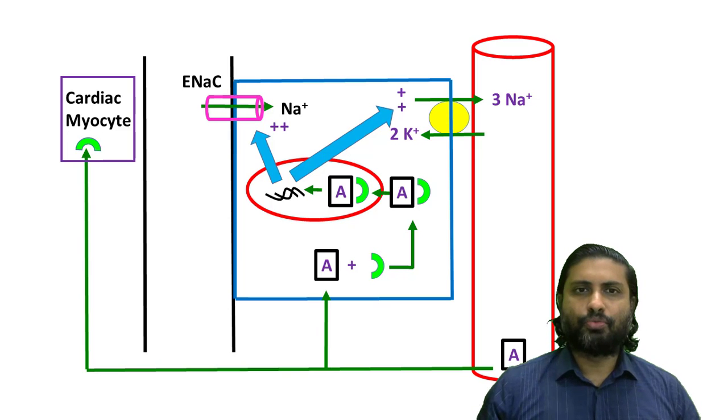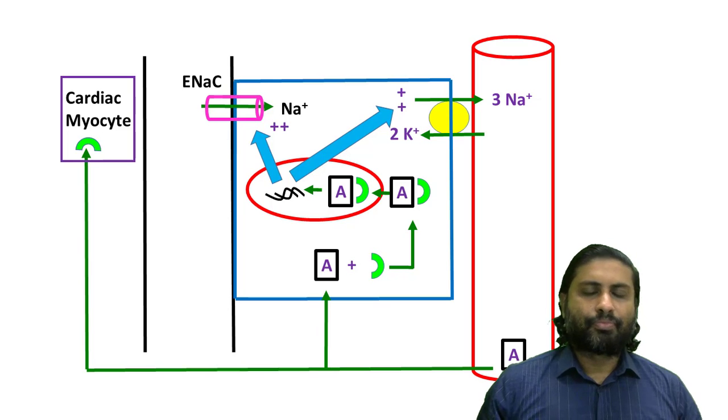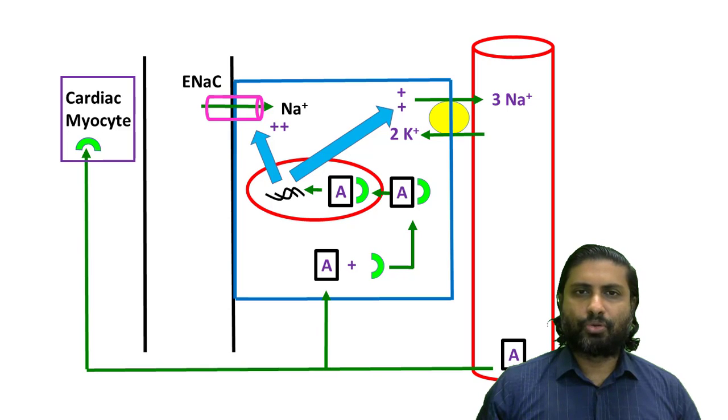So the sodium that moves from the lumen via ENaC ultimately reaches the circulation via the sodium-potassium ATPase pump, and we know that wherever sodium goes, water follows. The potassium that enters the cell ultimately leaks out into the lumen of the collecting duct via the potassium channels.